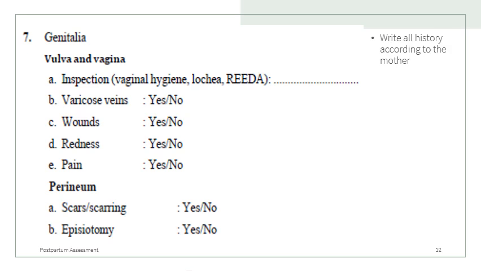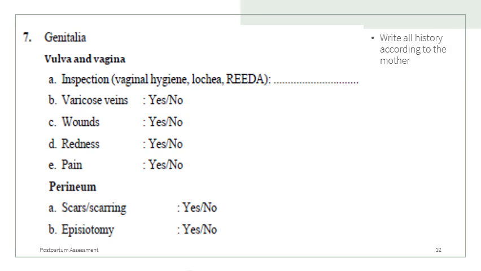Next one, we also assess the genitalia. We ask permission for the mother to open her pants to see the vulva and the vagina. We see after vaginal hygiene. If the mother is having a C-section, probably lochia won't be so much. And then if the mother is having an episiotomy, we can see the REEDA, if there's any redness, if there is any ecchymosis, if there is any other problem that we can see.